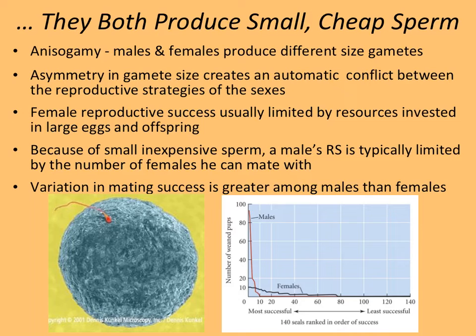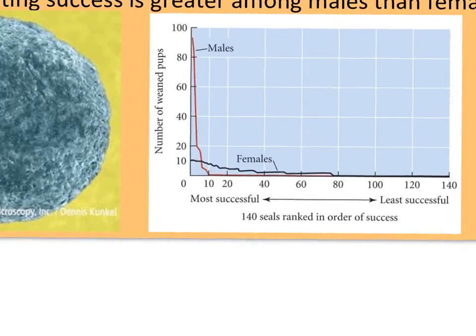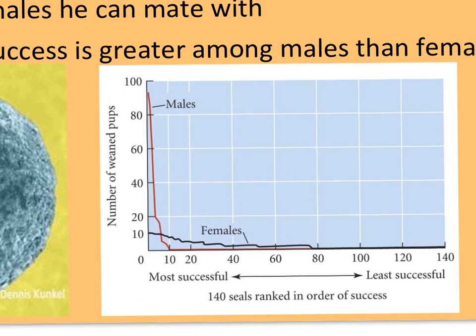And we can actually see this with this graph. This is from seals, showing the number of weaned pups. Seals have a mating system like the elk: one male, lots of females.